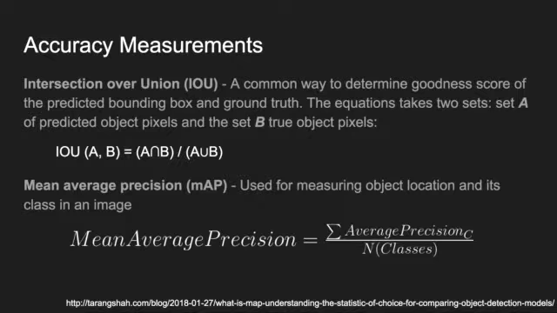All the pixels in the predicted class are measured: the intersection between the predicted and the true set divided by the union of those two sets, the predicted and the ground truth set. So this would give you the intersection over union measurement.